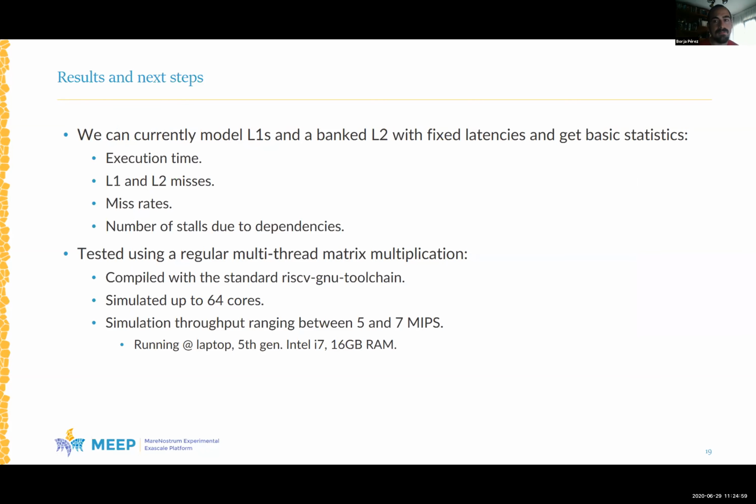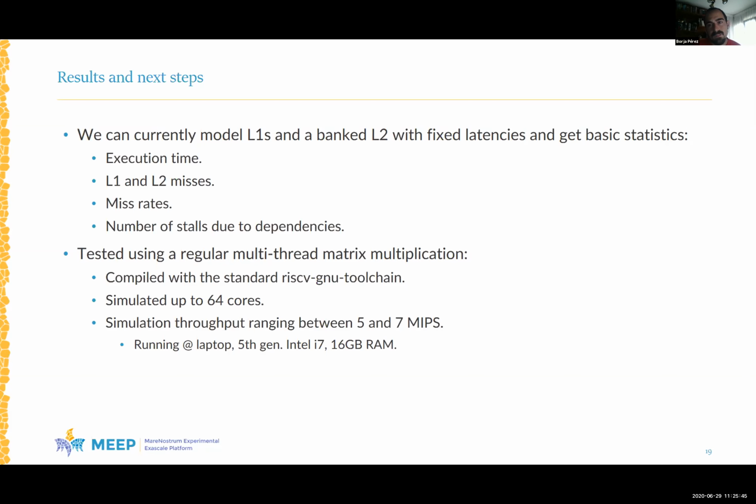And we can get some basic statistics, such as execution time, the amount of misses that have happened, miss rates, or the number of stalls due to the row dependencies. And we have performed some early tests using matrix multiplication, a regular DGEMM, which has been compiled using the standard RISC-V compiler, which is the one that works with Spike.